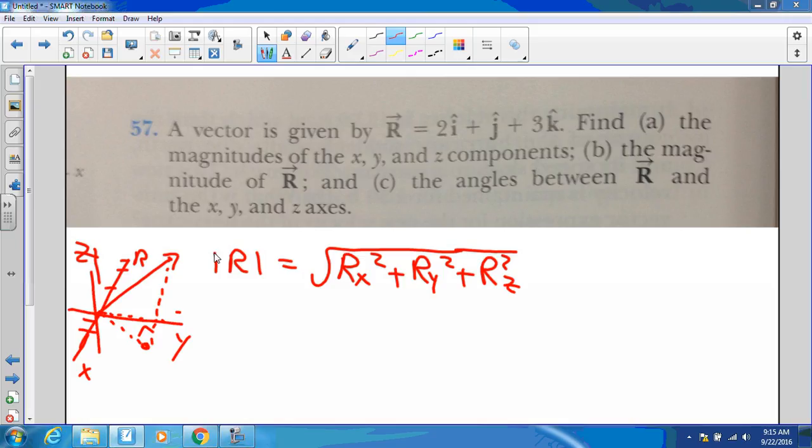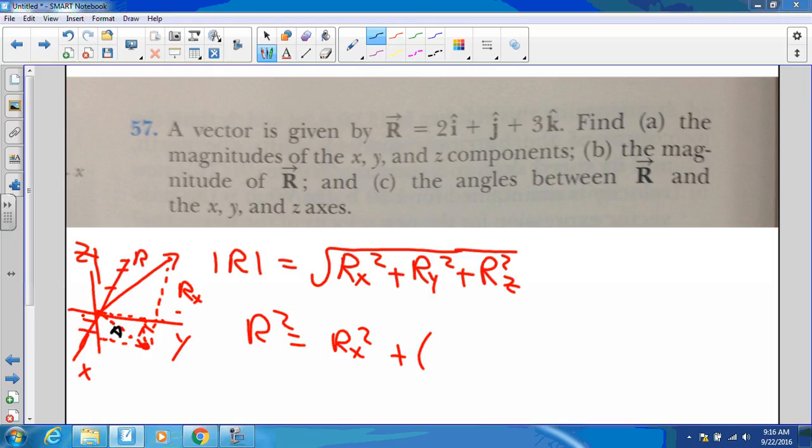And so if I drop a perpendicular to use the Pythagorean theorem, then this component is just rx. This component right here is the length of the vector in the zy plane, which is going to be the square root of rz squared plus ry squared. So we can say that r squared is equal to rx squared plus the length of this projection right here.